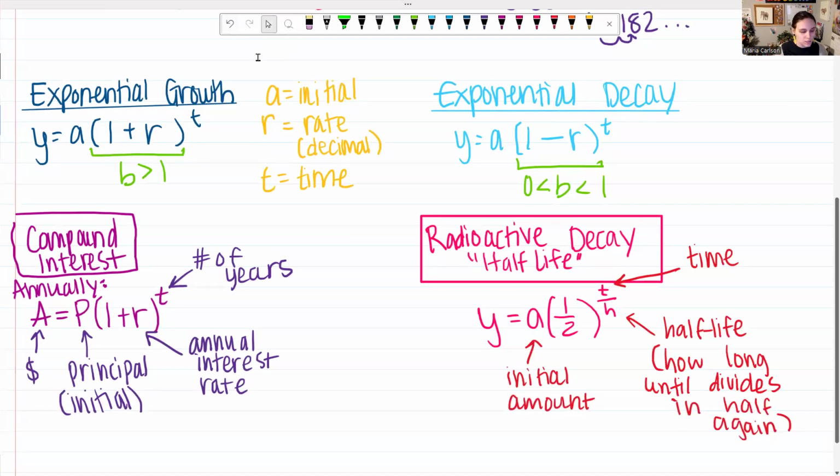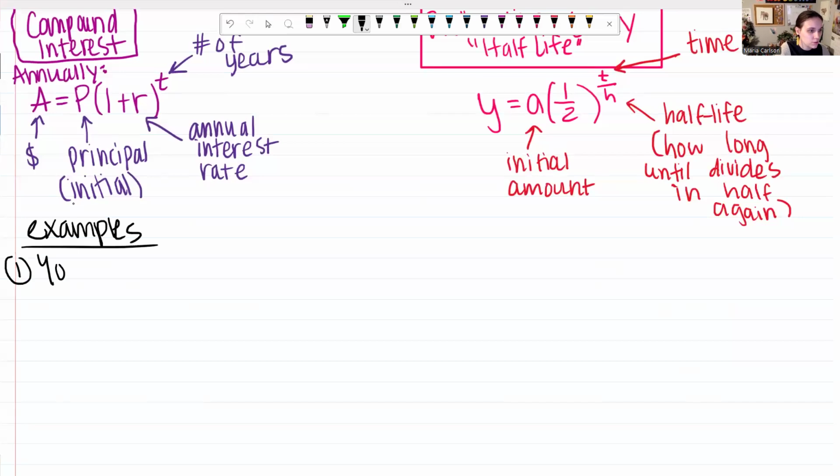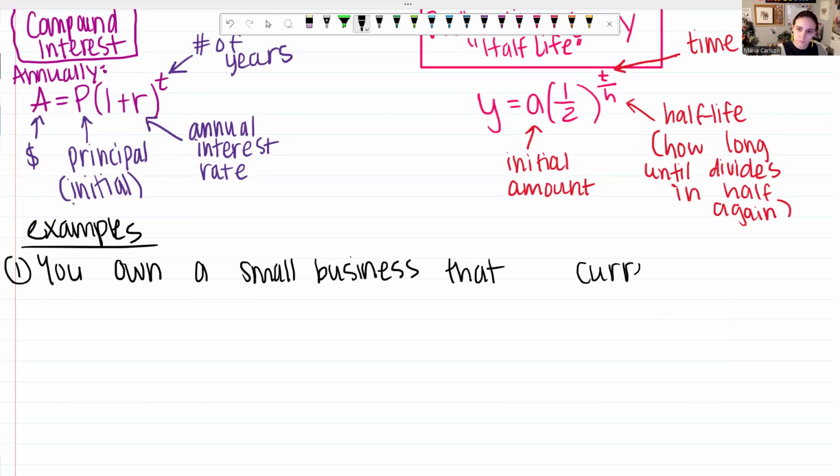All right, so let's look at some examples. Example number 1. You own a small business that currently has 254 clients.